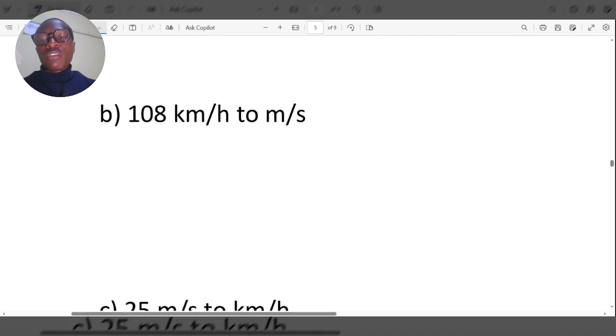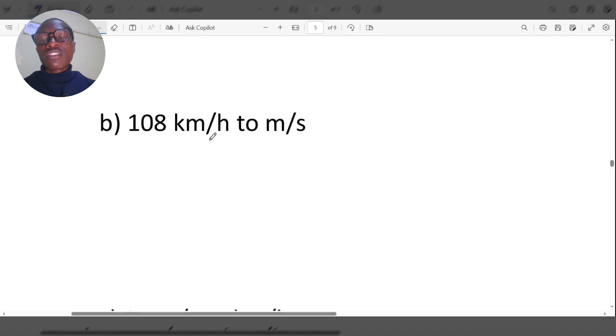Wow, we have a chance here now to utilize our formula, or the fraction that we agreed upon. We said that it's not a must every time to convert distance and then time alone. So when given kilometers per hour to meters per second, we normally multiply by 5/18.